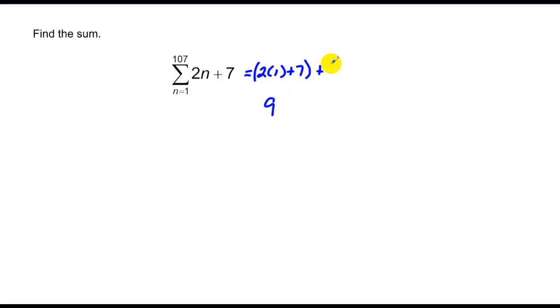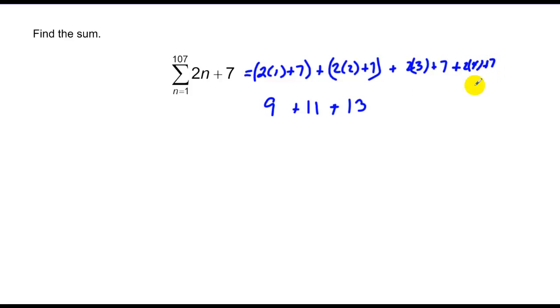Then I increment by 1, plug in a 2. Get 11. Increment 1, plug in a 3. End up with 13. Increment 1, plug in a 4. And you're starting to see the pattern is arithmetic.